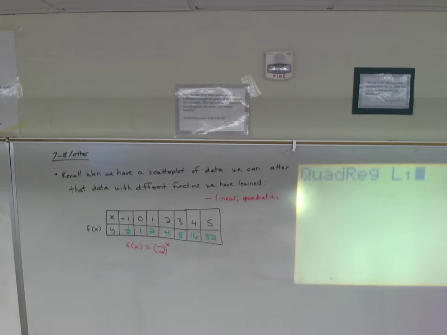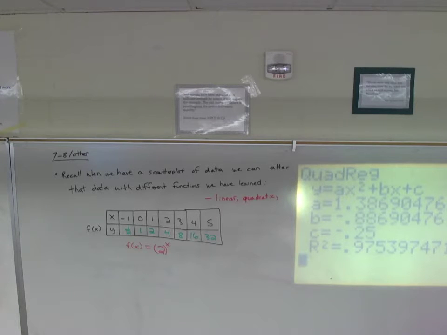Tell it what your lists are. List 1, comma. Comma is above the 7. List 2. Those lists are on buttons 1 and 2 if you did second. And there you go. Yeah, I got the same thing you did. Yours might look a little different.